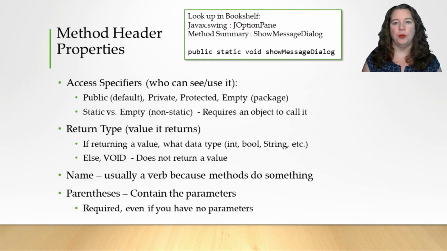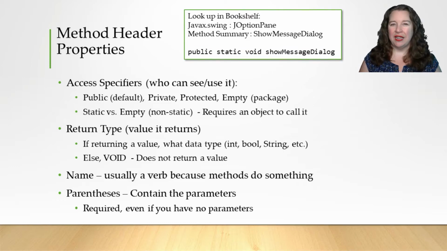Protected and empty are both related to the packaging, which is if you have a package collection for your group of code. So if you have 5 classes that all work together and they are inside of a package, sometimes inside of a folder, then any of those can see each other, but functions and classes outside of that package cannot see them. So those are protected. They're available to anybody inside the package, but not outside of it.